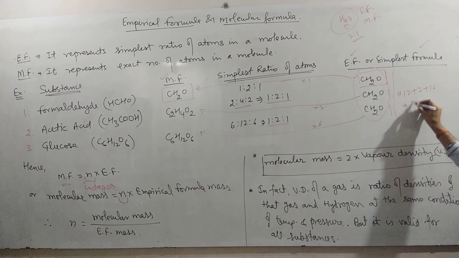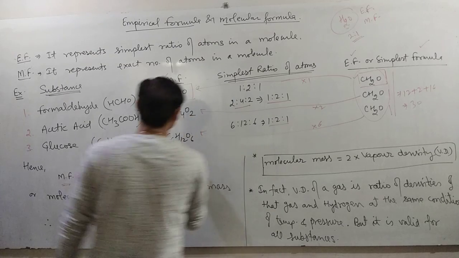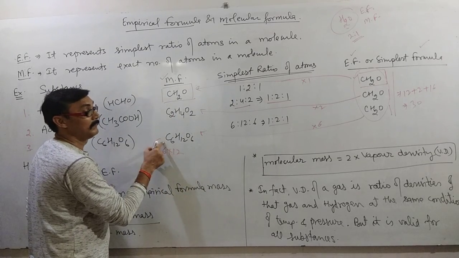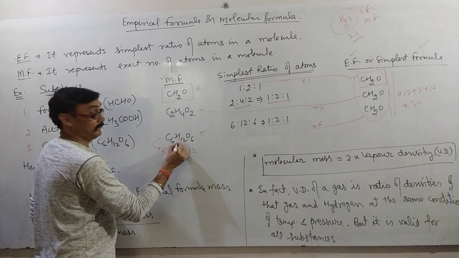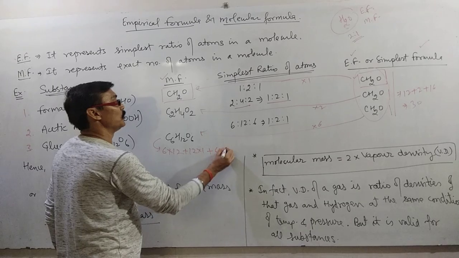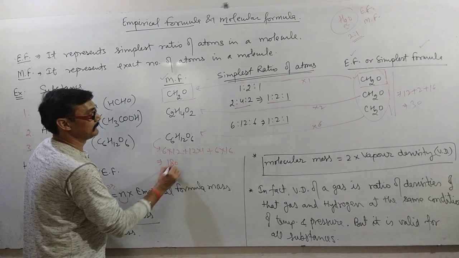It is 30. And here the molecular mass of glucose is 6 into 12 plus 12 for hydrogen, 1 for each, plus 6 into 16, it is 180.